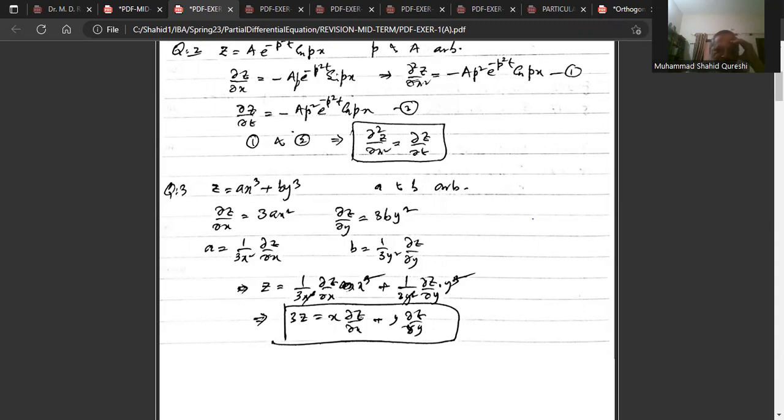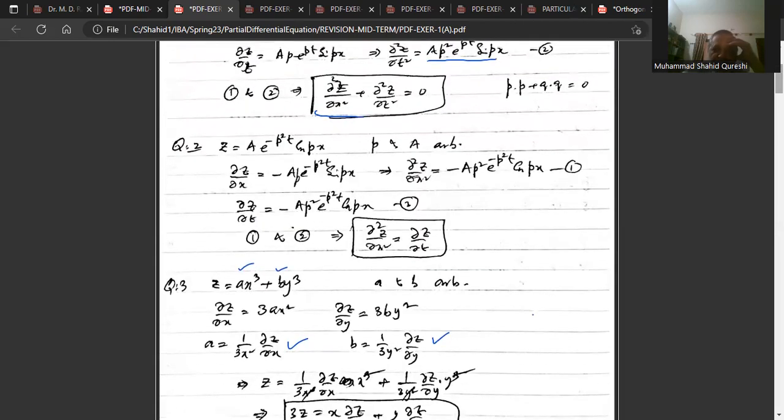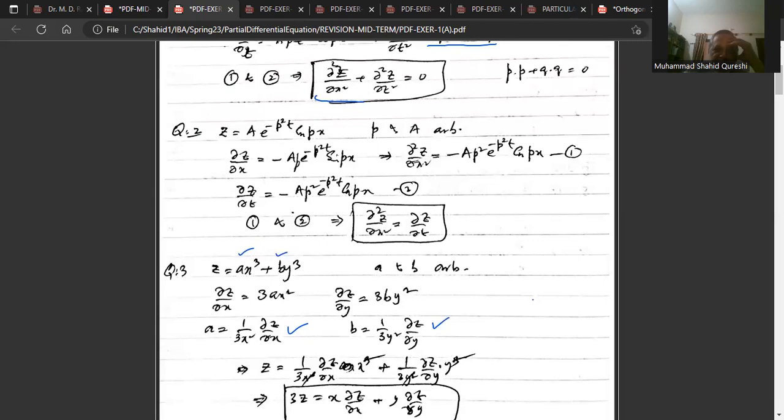And then you substitute both these values of arbitrary constants in the original equation. When you substitute that, you ultimately get a differential equation which does not involve arbitrary constants and involves only partial derivatives.